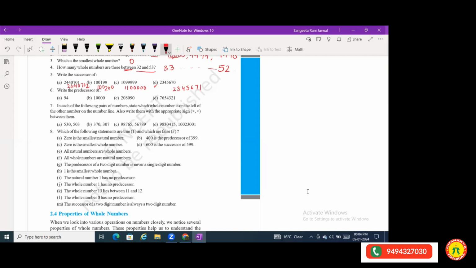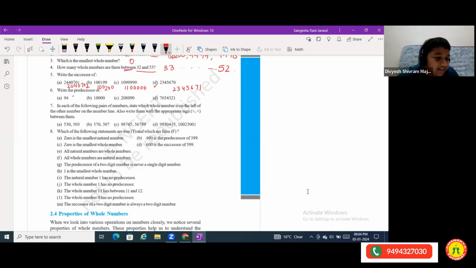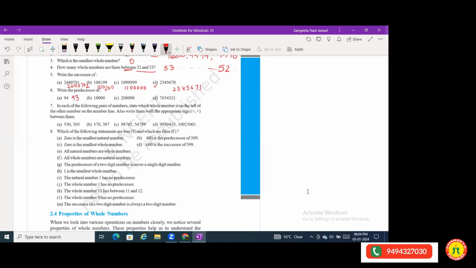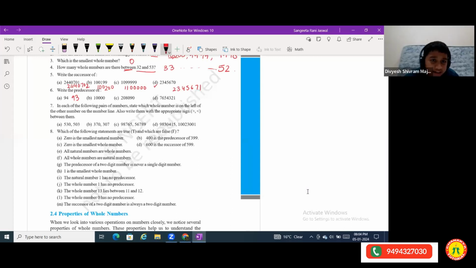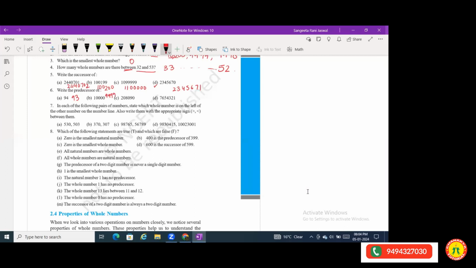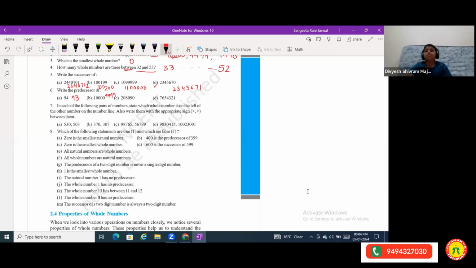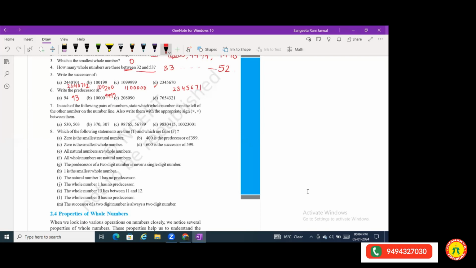Now, Divesh, you tell me this. Write the predecessor of the first one. Ma'am, 93. Okay. Divesh, tell me the next predecessor of 10,000. Ma'am, 9,999. Is it right? Have I written it correctly? Yes, ma'am. Okay. Adrit, you tell me this.